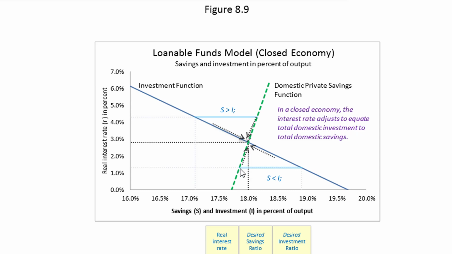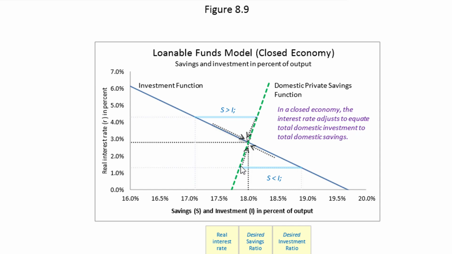Let's approach it from the other direction. Suppose the interest rate was lower than the equilibrium. Then the demand for investment would be greater than the supply of savings. What would that mean? Investors would be competing with one another for this amount of savings, bidding up the interest rate.